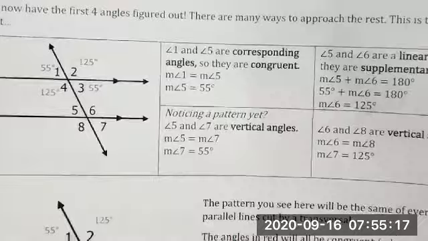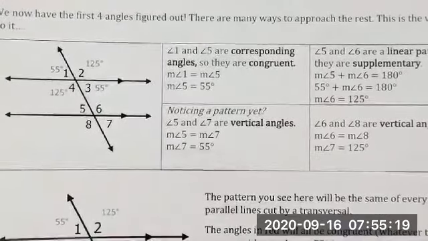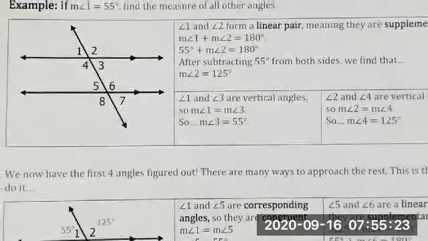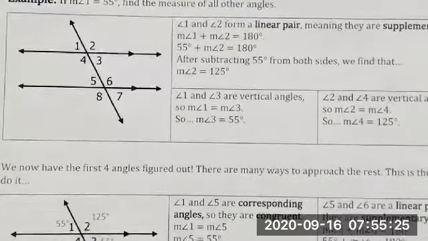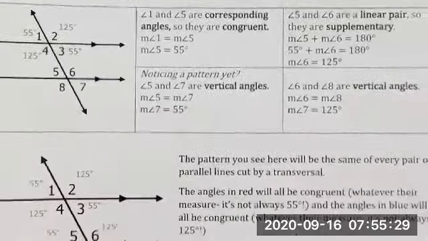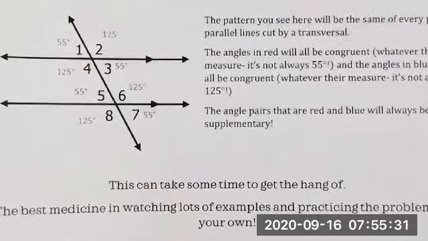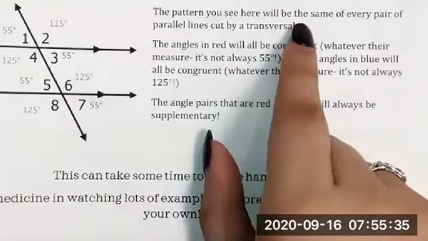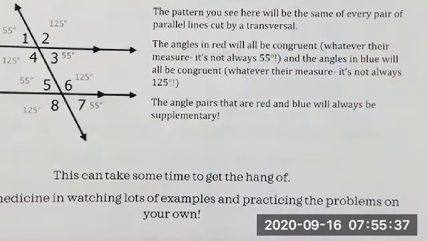So again, I just want to let you guys know that there's a more organized version of this where I go through the first 4 up here and then the last 4 up here and talk about it here. The pattern you see here will be the same for every pair of parallel lines cut by a transversal.